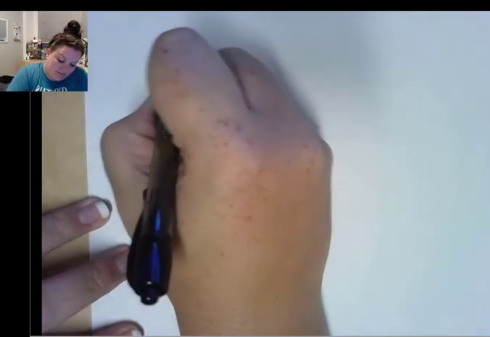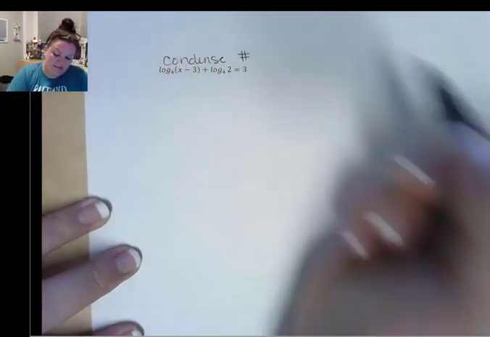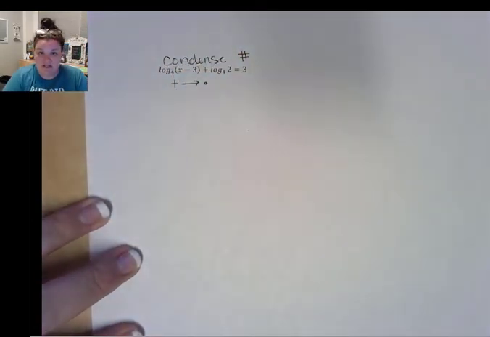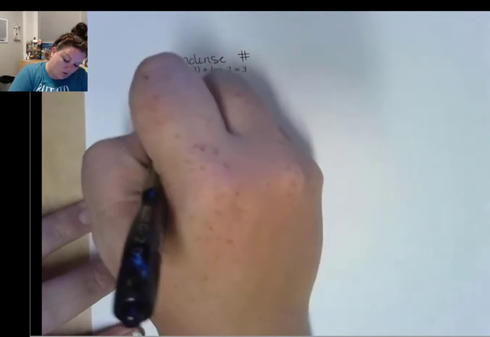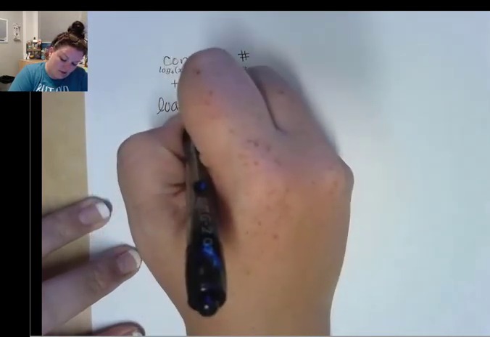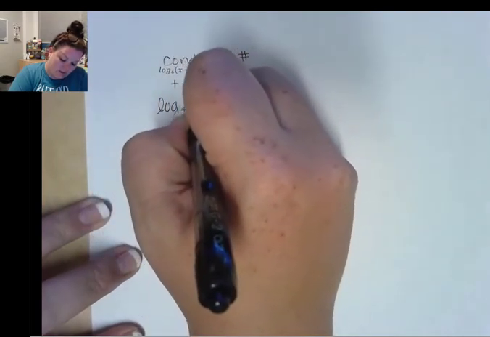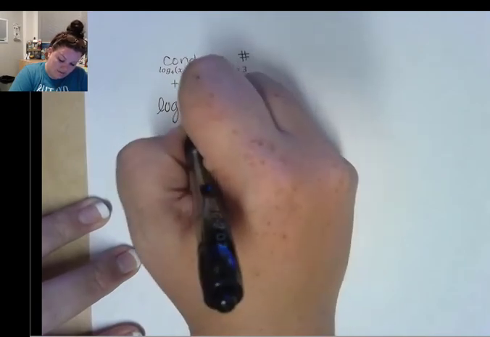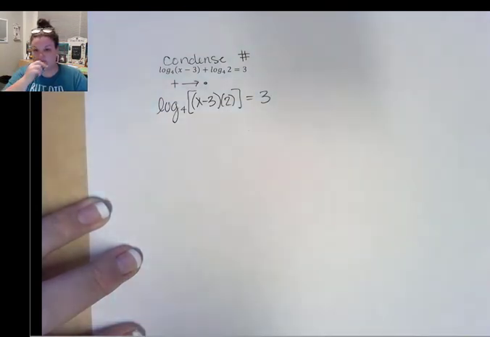We know that addition condenses into multiplication. So I can write this as 1 log base 4, and on the inside multiply x minus 3 and 2, right? This is all inside the log.